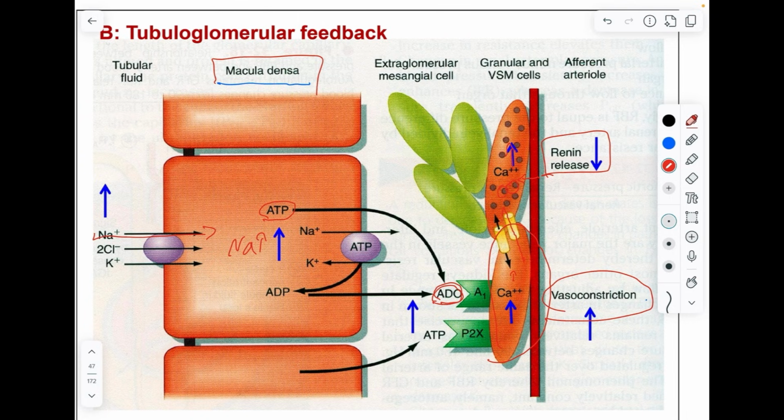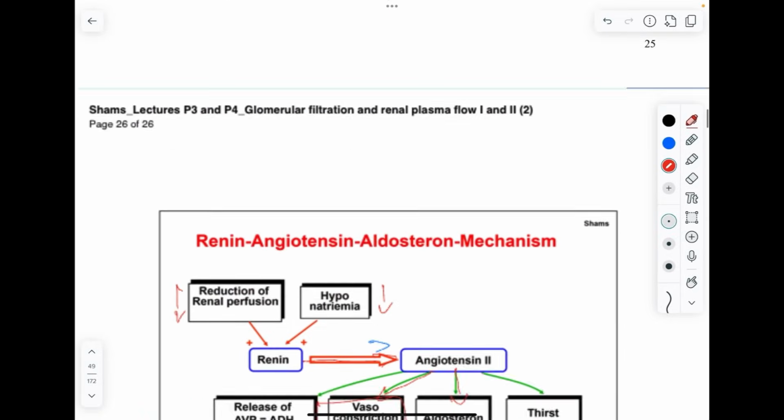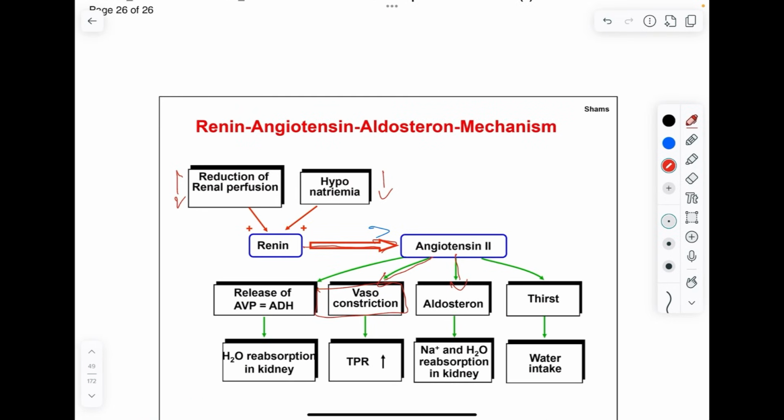So when you have vasodilation of the whole body, because no renin is being released, the whole pressure of blood in the whole body is dropped. So you have decreased pressure in the whole body, and this vasoconstriction of the afferent arteriole maintains the pressure in the glomerular capillary constant. Okay, that was a lot of things, but please, I hope you understand this.